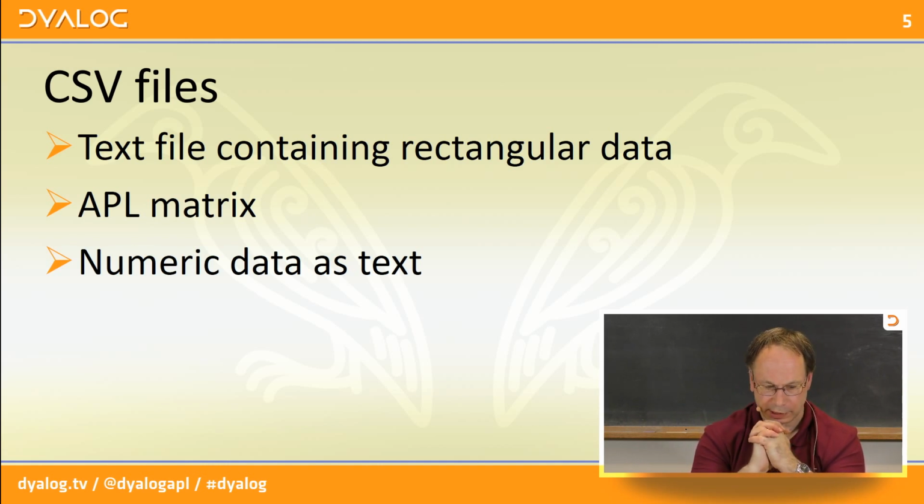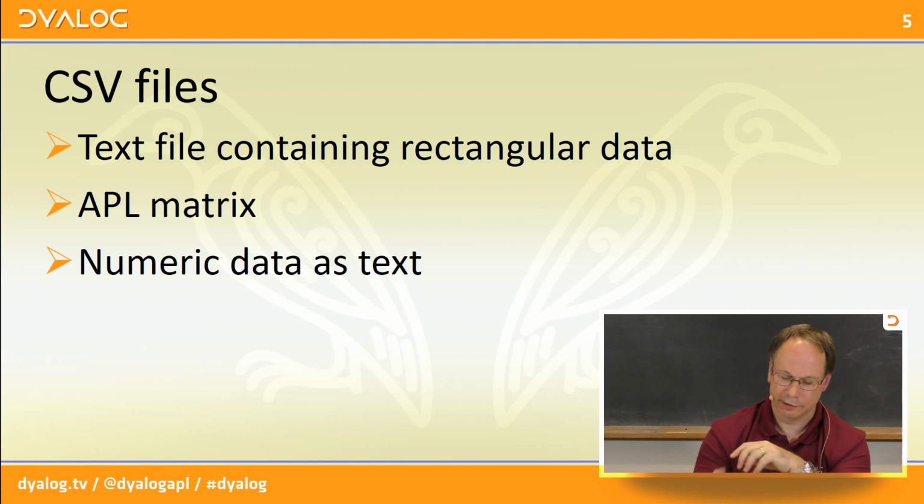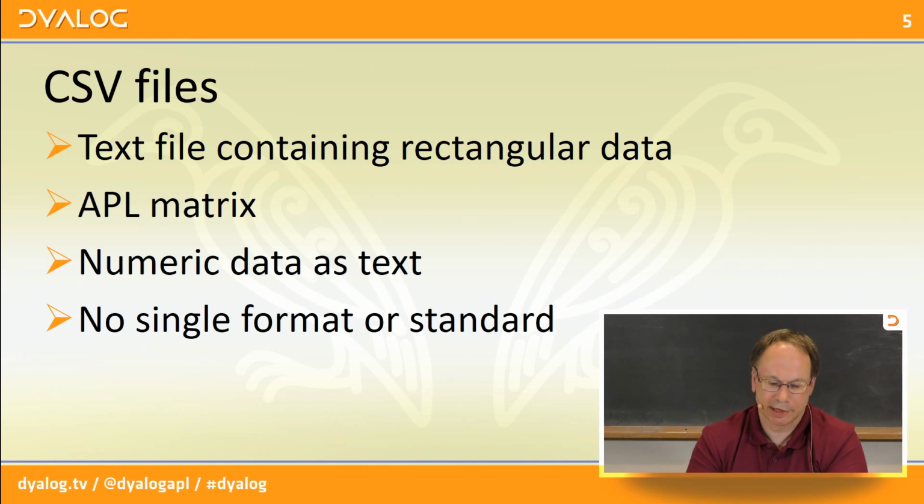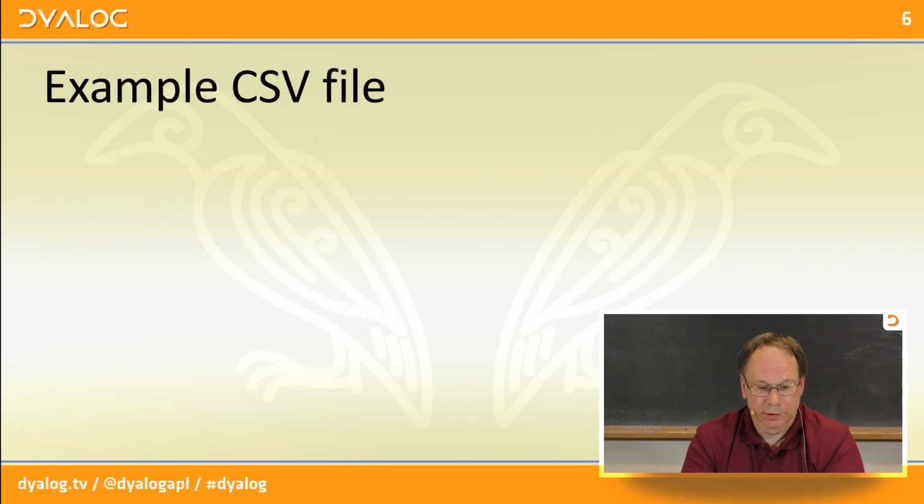They are represented purely as ASCII or character strings of numeric values. And everybody has invented a CSV format. There are so many different standards out there that there is no single format or standard we can point at to support. So let's try and show you an example.